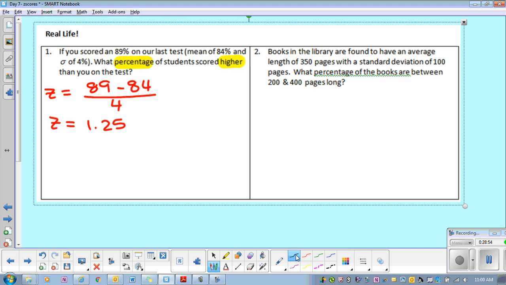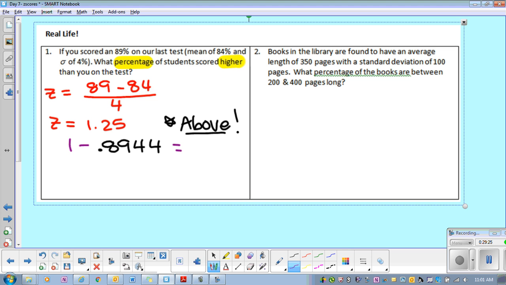Yeah, all right. 0.8944, but it said above. So what do you need to do for above, guys? Leave it? This is below. Kevin, what do we do for above? Subtract it from what? Good. Gotta subtract it from 1 to get the above.